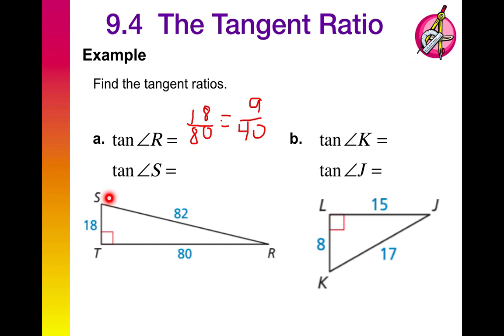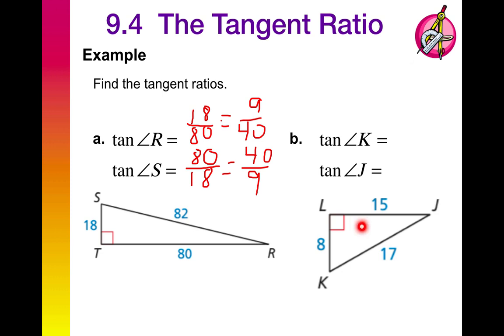When I look at the angle S, I look for the opposite over the adjacent. So the opposite over the adjacent is going to be 80 divided by 18, which is the same thing as saying 40 over 9. So that's the tangent ratio for that triangle.